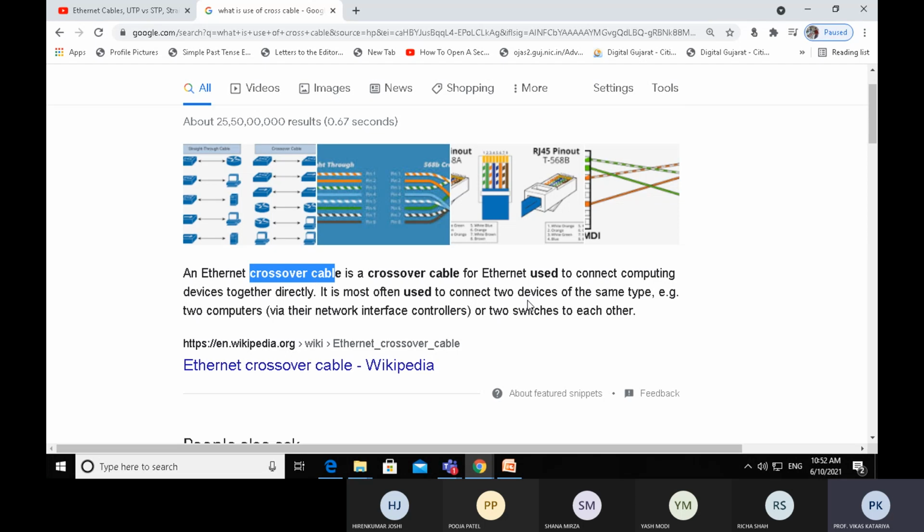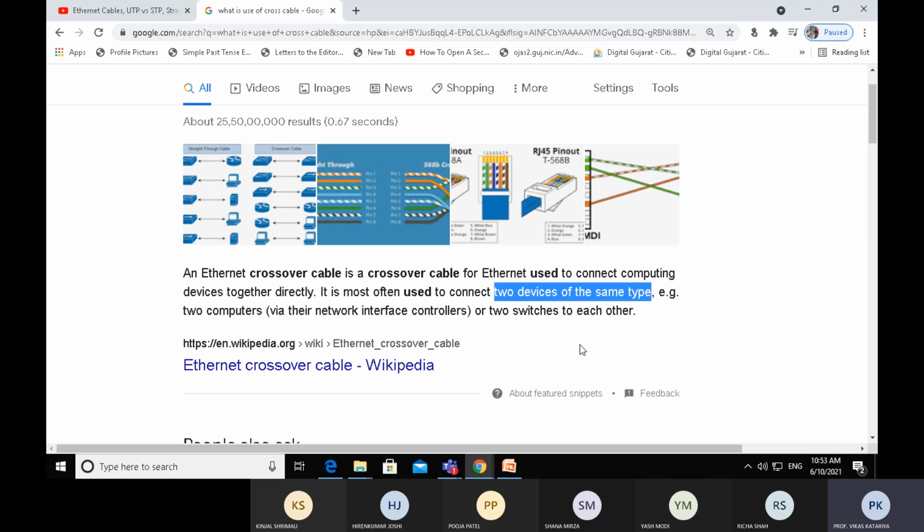So the purpose is very clear. If you want to connect two devices of the same type, that is the important term to keep in mind. What is the purpose of a cross cable? A cross cable is used to connect two devices of the same type. That means if you have two desktop computers and you want to share data between them, you need a cross cable.